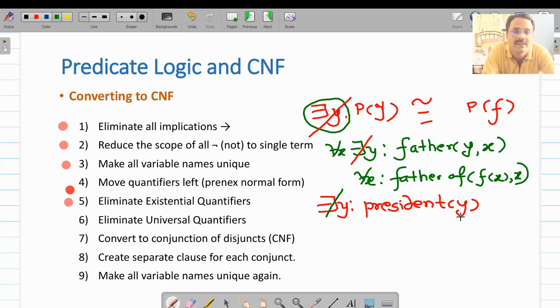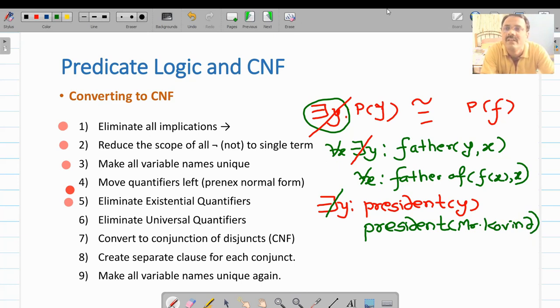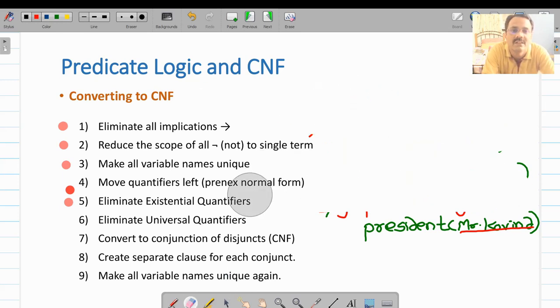So in that particular case, we know the President of India is Mr. Kovind. So simply I can substitute that value, President Mr. Kovind, as a constant value, and by that way I have removed this there exists y. So this is how you have to apply this step, and you have to remove that existential quantifier.